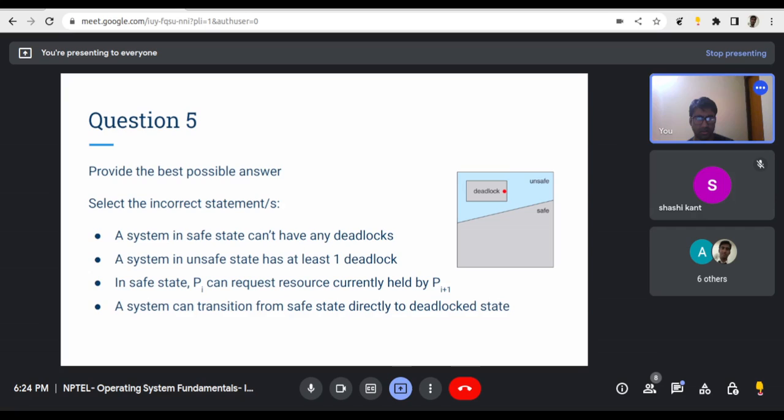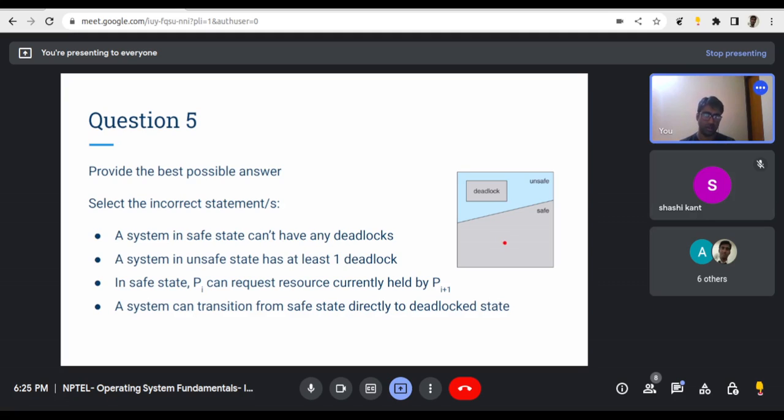And a system is in unsafe state when there can arise a condition which may lead to a deadlock, right? There exists a resource requirement that can ultimately lead to a situation that is a deadlock.